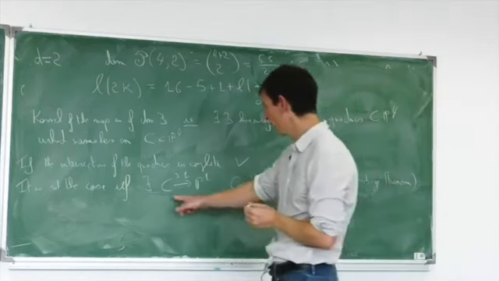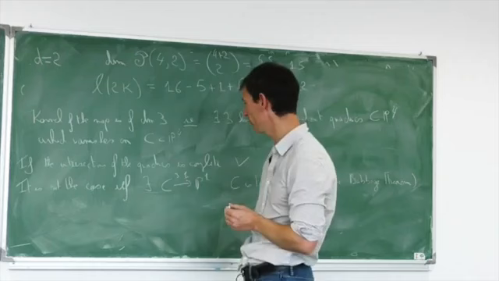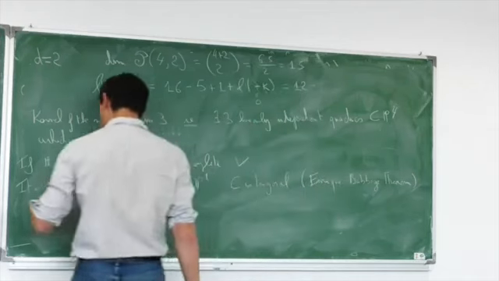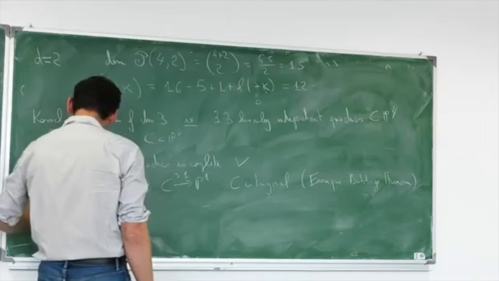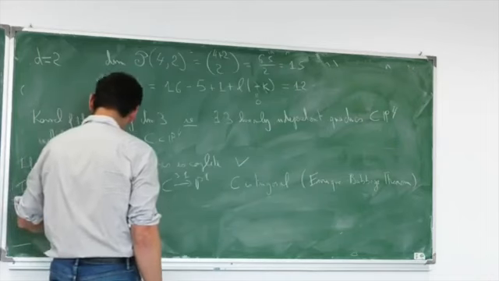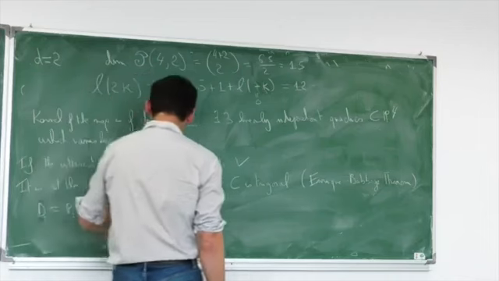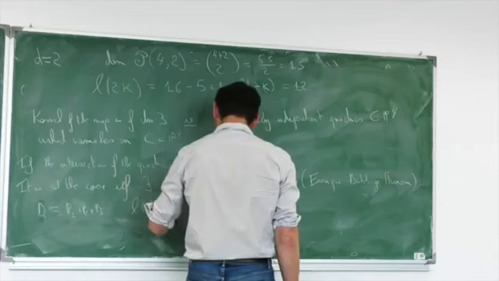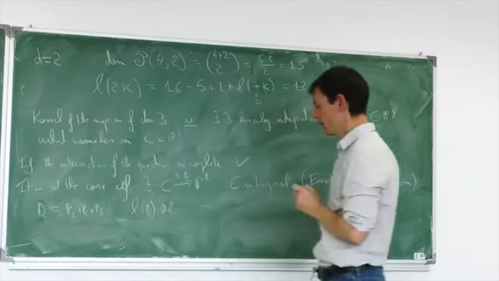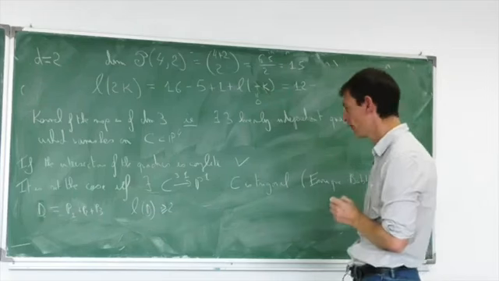So if you have a degree 3 map, it means that you have a degree 3 divisor that you can write effectively. So there is a divisor D, which I'm going to write P1 plus P2 plus P3, such that L of D is at least 2. All right? Is that special in a sense?